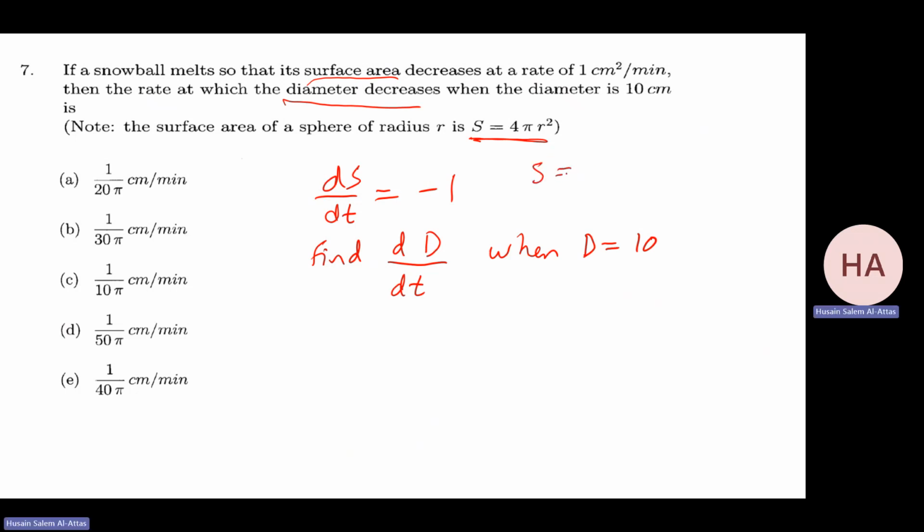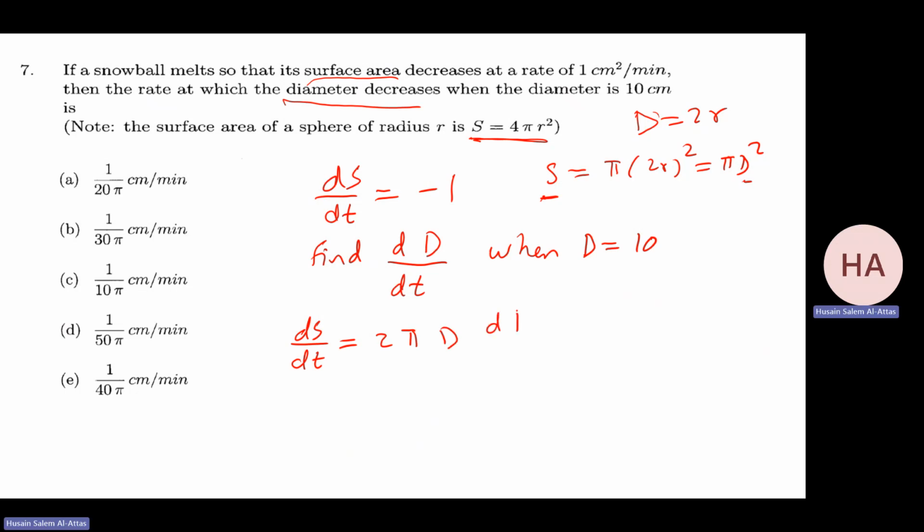The diameter is 2R, so I need to write S as 4 pi times (D over 2) squared. So it's pi D squared. Now I have the relation between the surface area and the diameter. So dS by dt will be equal to 2 pi D dD by dt. This is what I want. I have this and I have this.